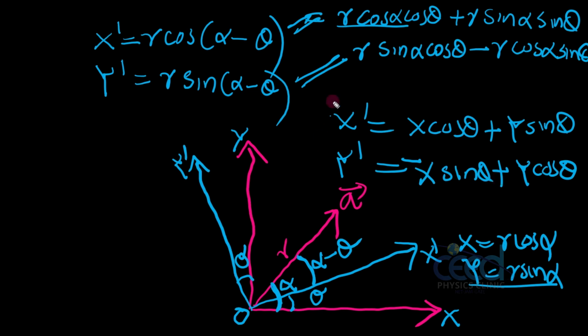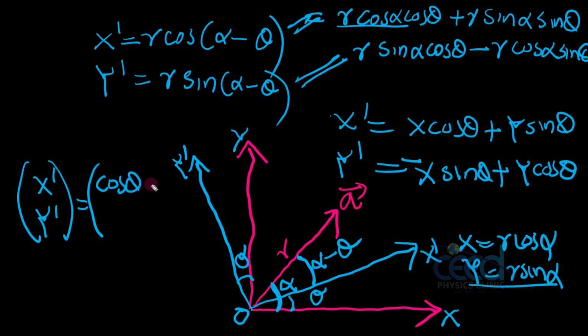So this I can represent in matrix form. That is, x dash y dash is equal to this matrix: cos theta, sin theta, and minus sin theta, cos theta, into a column matrix xy.